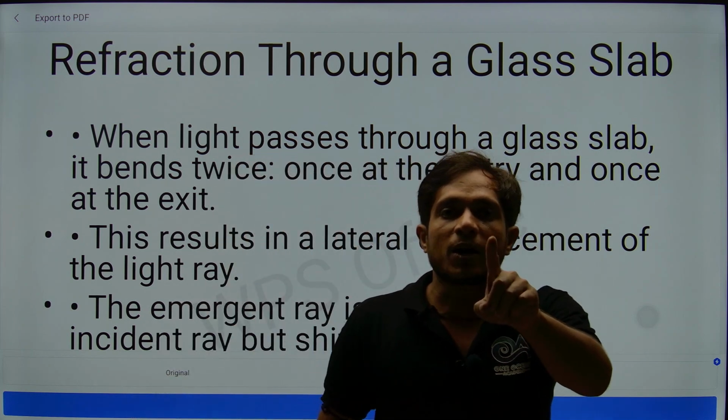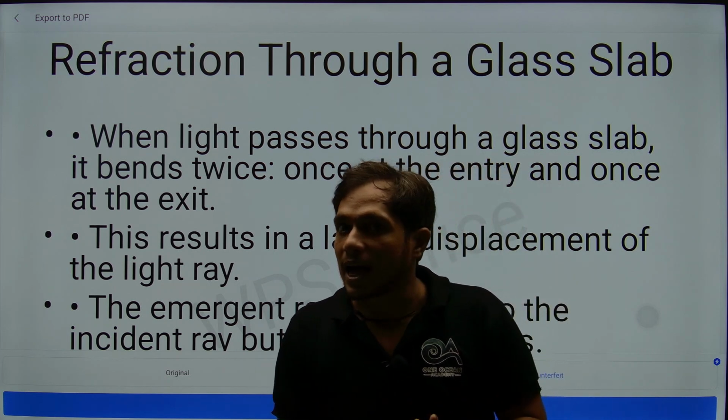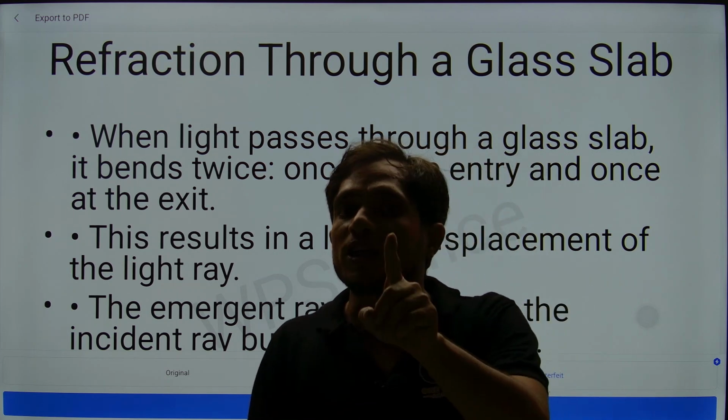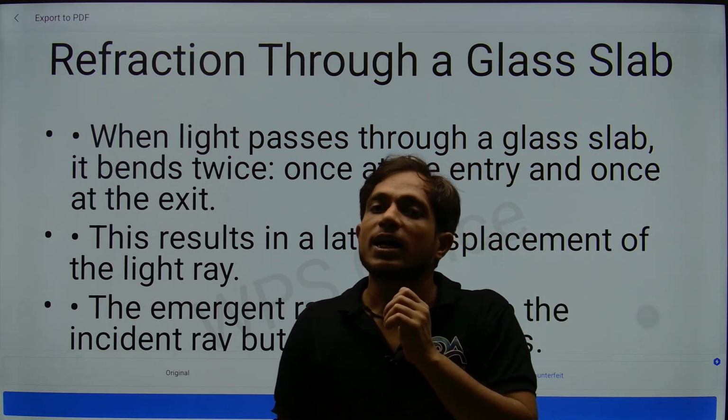So air becomes the rarer medium and the glass slab becomes the denser one, as solid is denser than liquid and liquid is denser than gas.